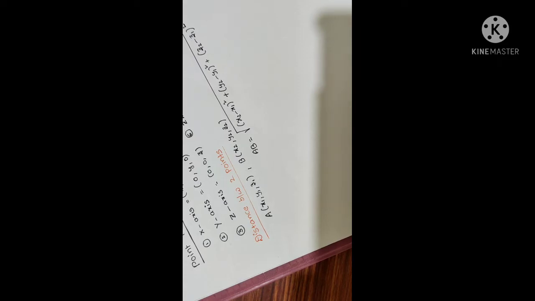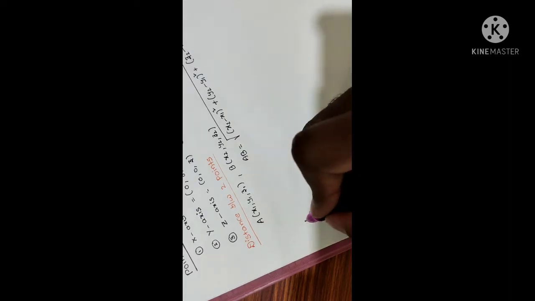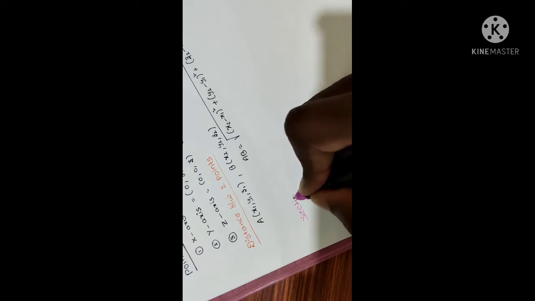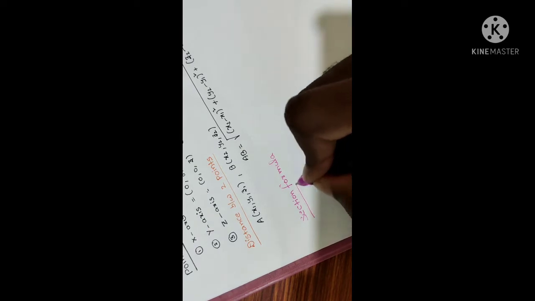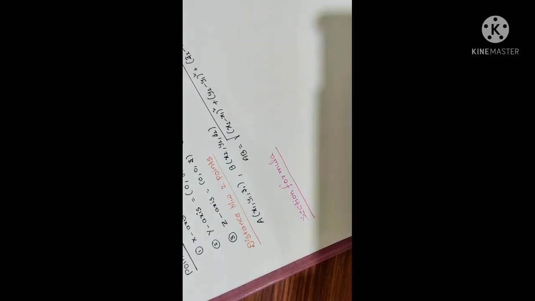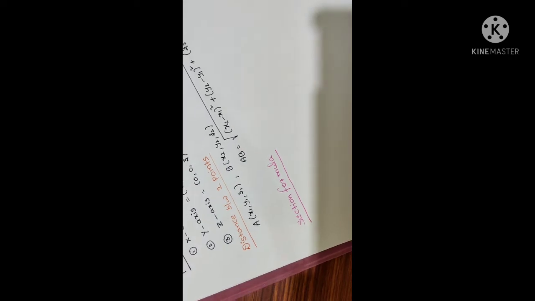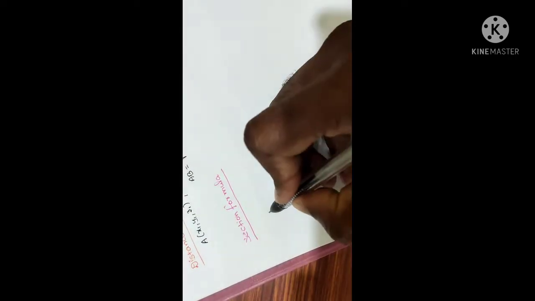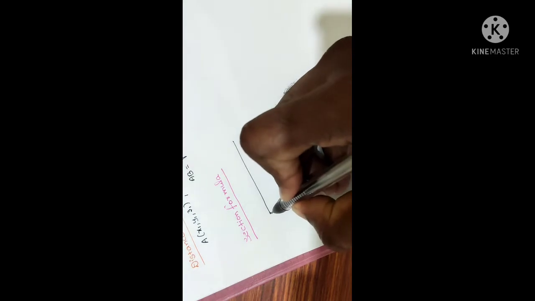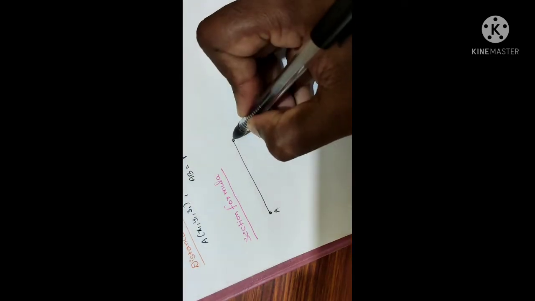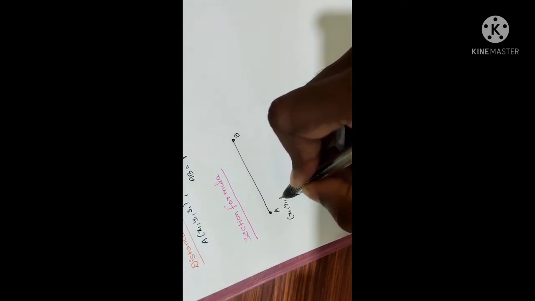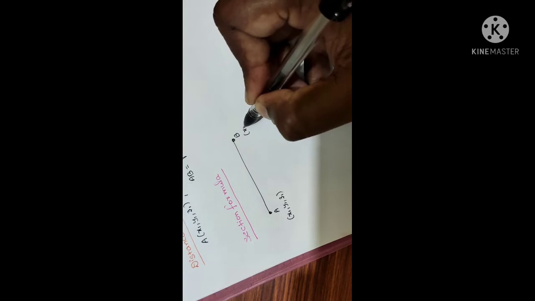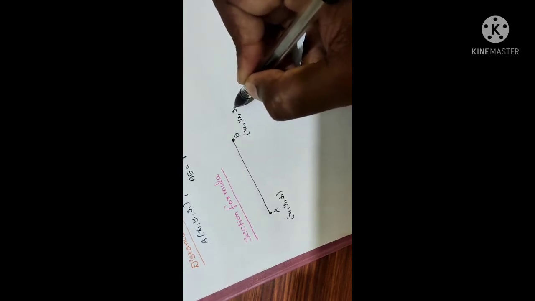Next, we will discuss the section formula for both internal and external division. In this section formula, see, this is a line segment joining 2 points A and B, where A point is (x1, y1, z1) and B point is (x2, y2, z2).